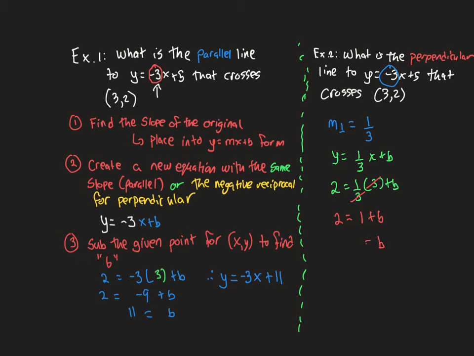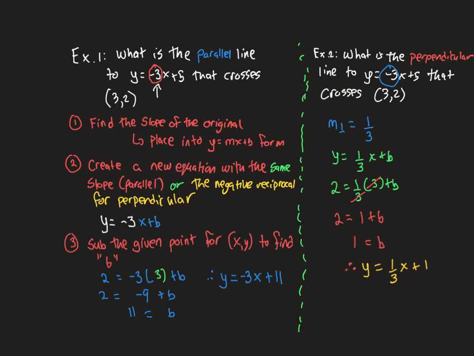So b is equal to, I'm going to subtract 1 from both sides, 1. So therefore, my equation here is going to be y is equal to 1/3 x plus 1. All right? And that's how to find it when we have everything we need.